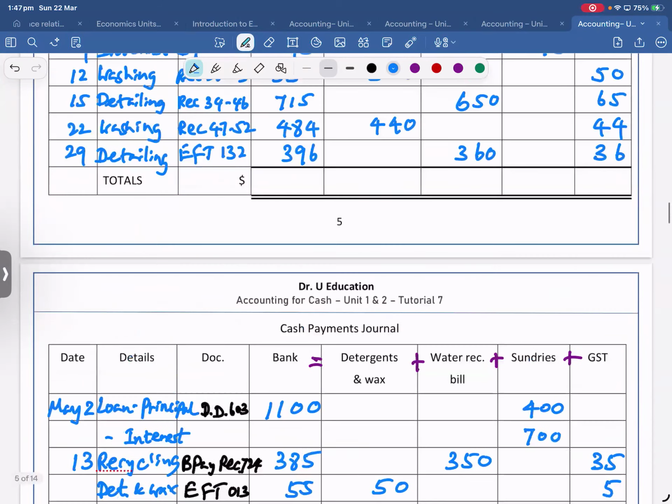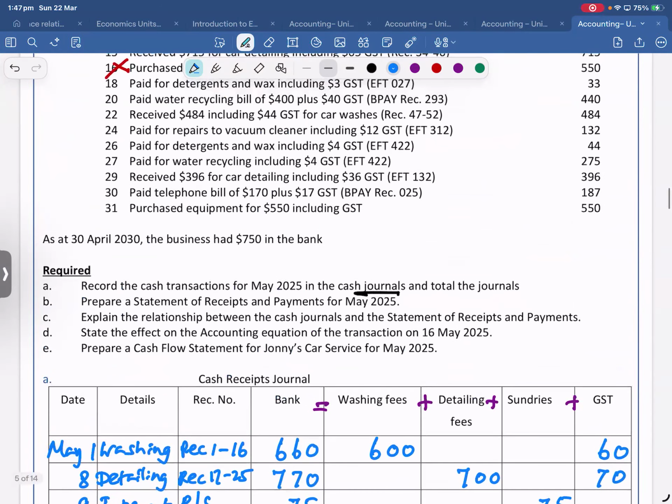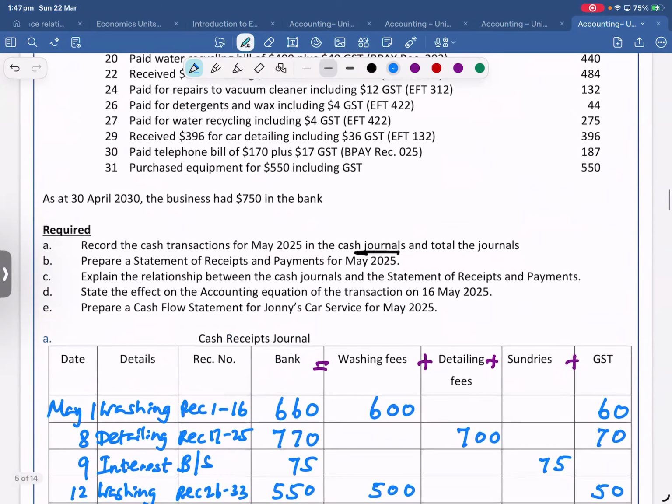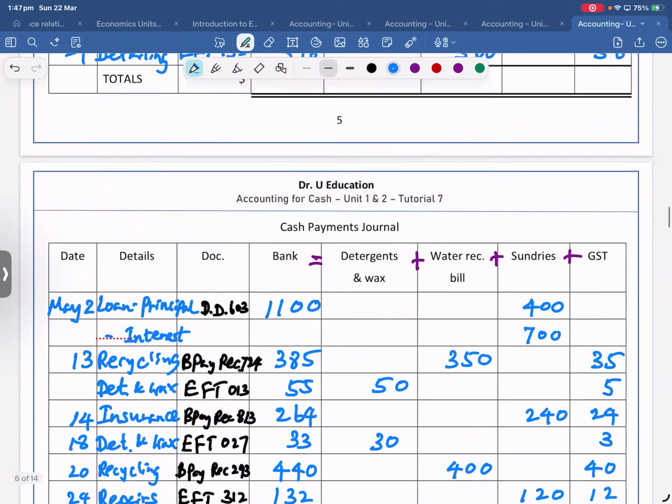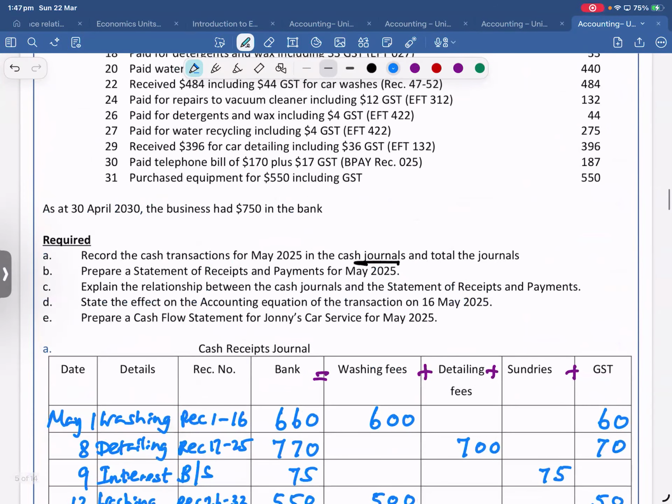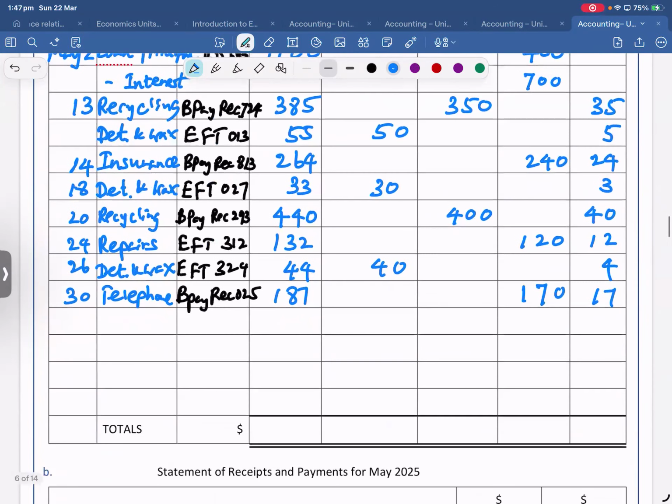Right. Next one. Last one is purchase equipment for 550 including GST. Payments. So no source document, so that's going to be 31st.